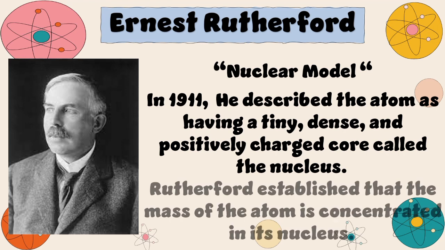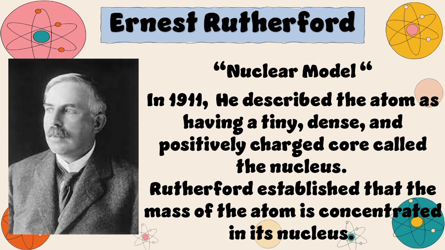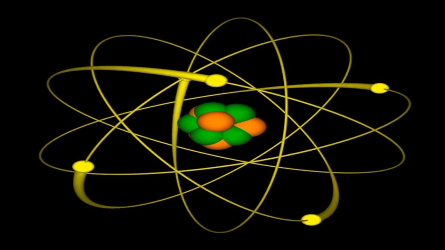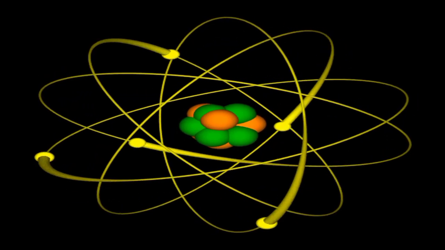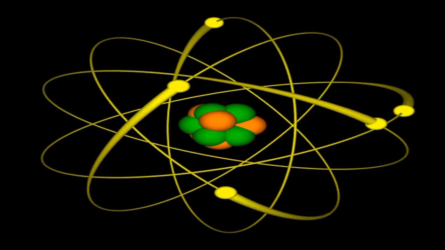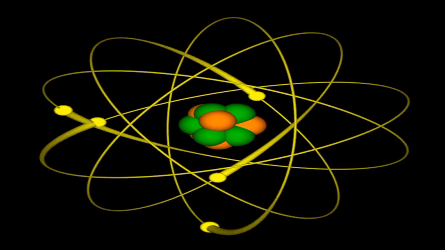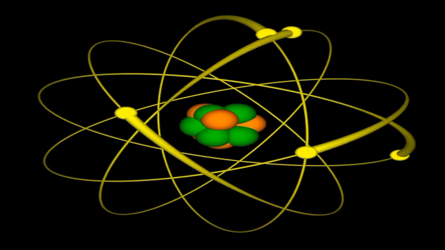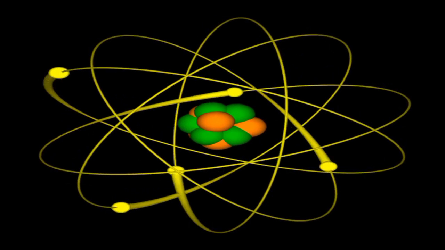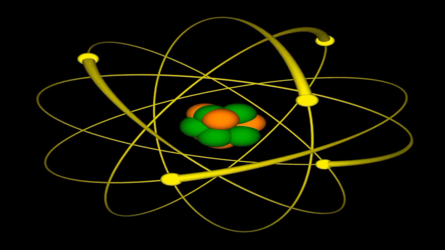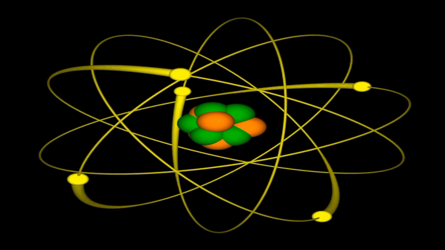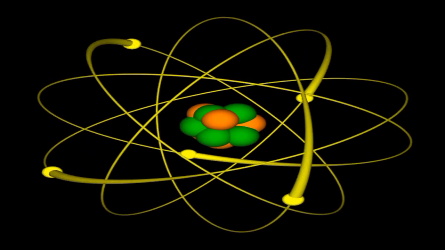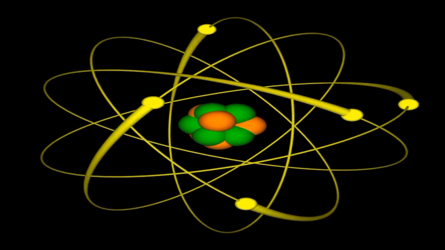The light, negatively charged electrons circulate around the nucleus, much like planets revolving around the sun. According to this theory, atoms have a nucleus with a positive charge and most of the mass, surrounded by electrons that orbit like planets. It explains why particles can pass through atoms, and it is the basis of our current understanding of atomic structure.